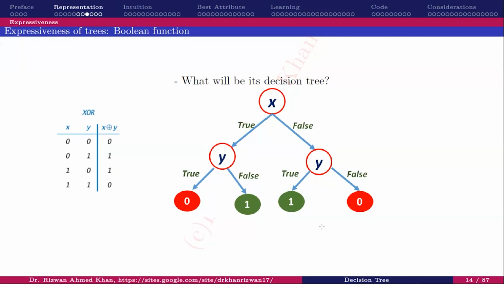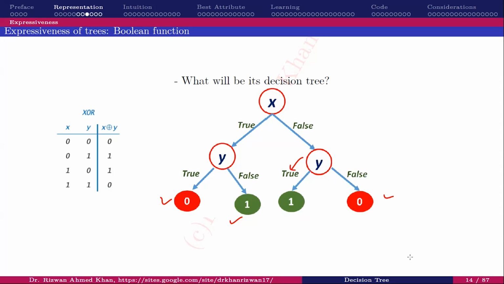So this would be the decision tree for the XOR or exclusive OR Boolean function. If X is true and Y is true, then it is false. If X is true, Y is false, then it is true. And if X is false, Y is true, then it is true, and otherwise it's false. All right.